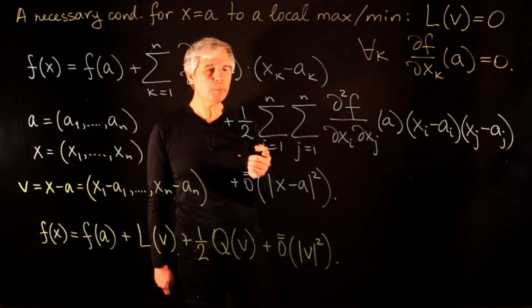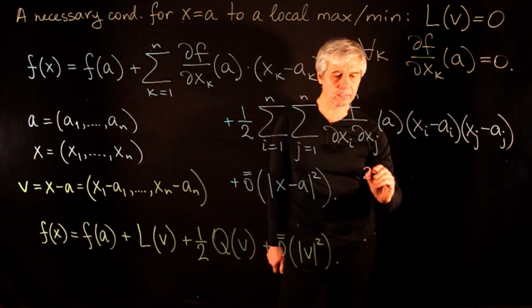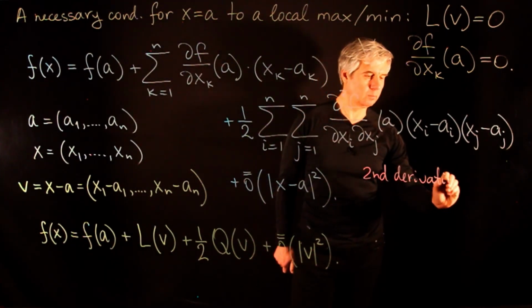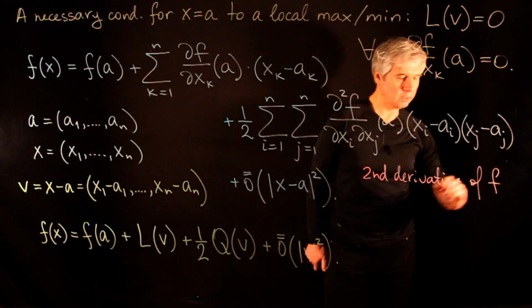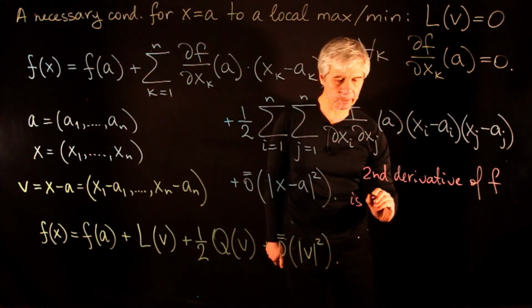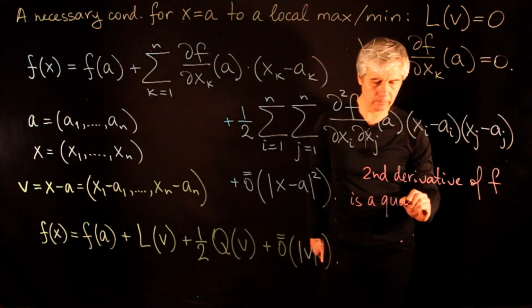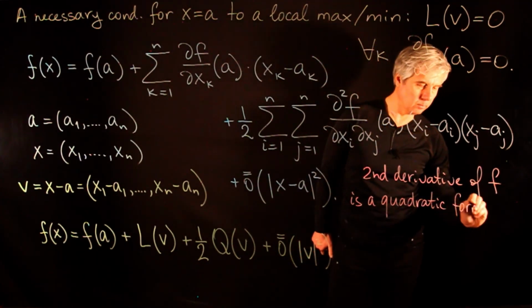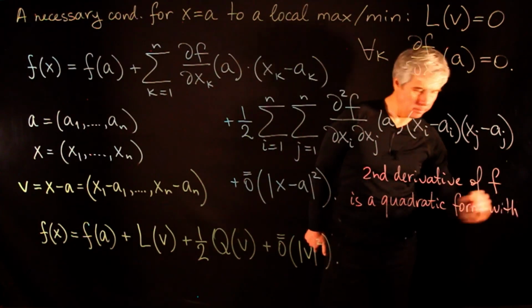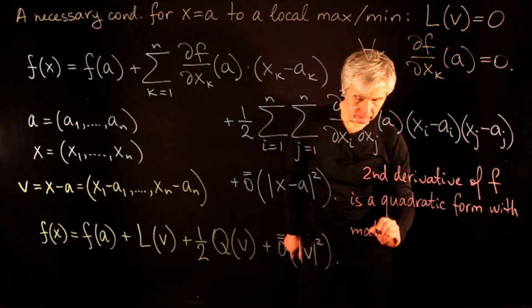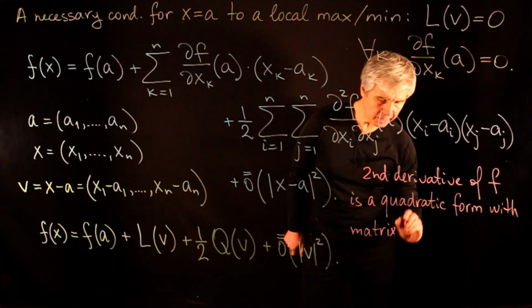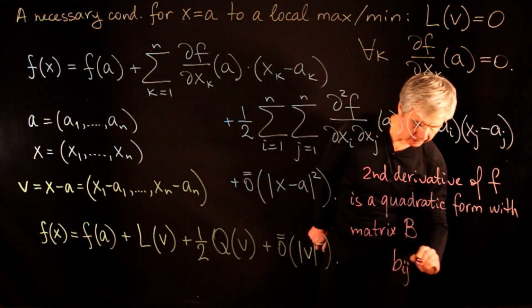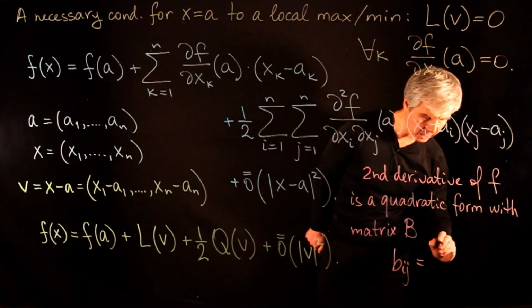From this Taylor expansion, we see that the second derivative of f is nothing but a quadratic form with matrix B, where Bij is the matrix of partial derivatives.